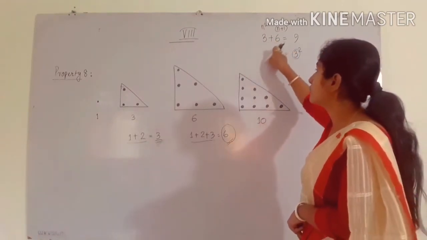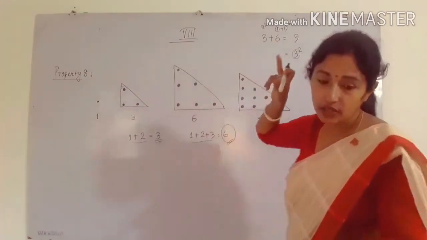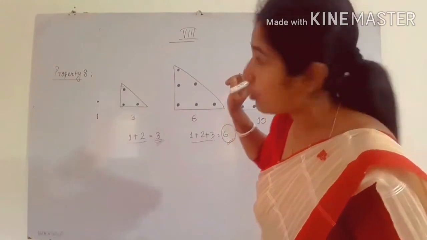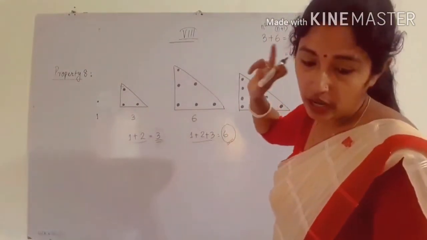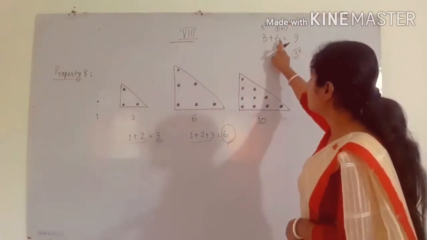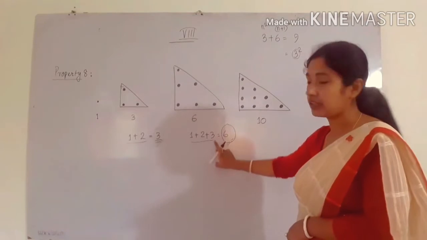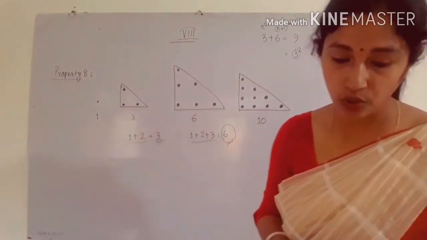So the 2 consecutive triangular numbers I am taking, and when I am adding them, I will get 9, and 9 is a square of 3. And the square of 3 I will get from 6, in which we have the highest term, that is 3. Okay, so this is the conclusion from this property.